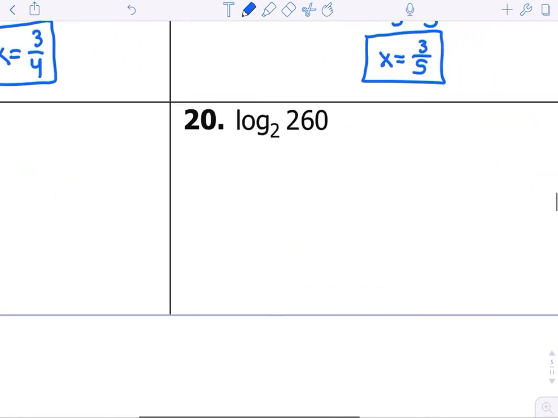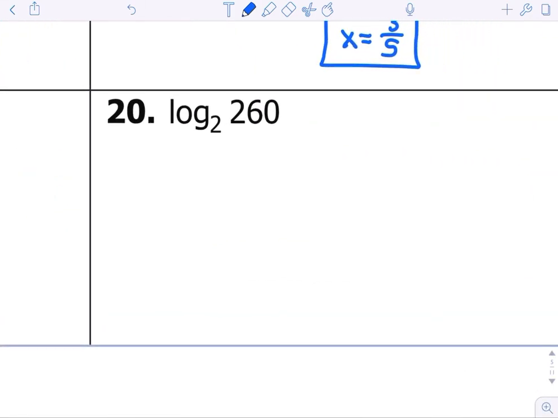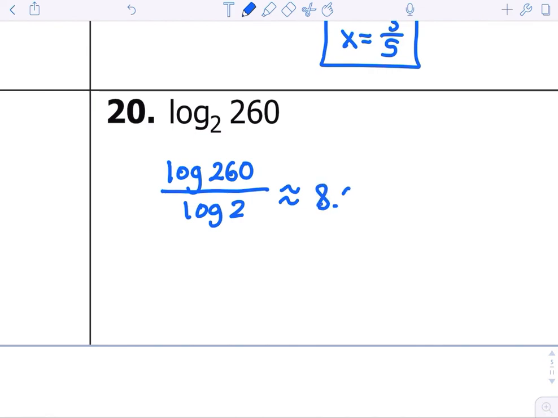Number 20. 260 is not a base of 2, you guys. So we gotta do change of base. So log of 260 over log of 2 is gonna be roughly around 8.02.